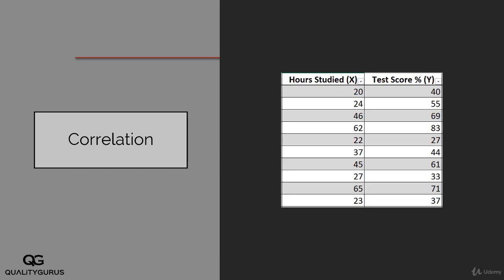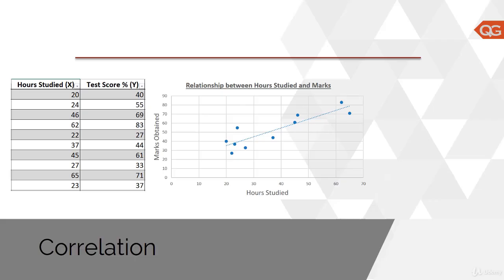So let's do that on the next slide. Here I have the marks table on the left and the scatter plot on the right. On the x-axis I have put hours studied, and on the y-axis I have put the marks obtained, and that's what we said earlier. Y is the output, the marks obtained, and the input is the number of hours studied.